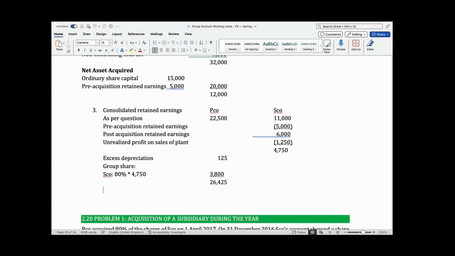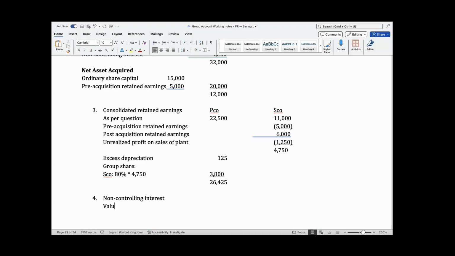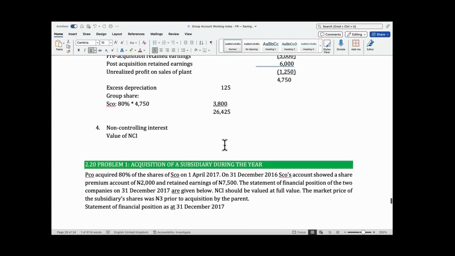Okay. Non-controlling interests. What's the value of NCI? 9,000. So what's NCI share of the retained earnings?